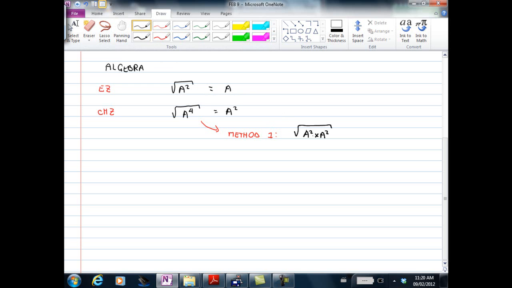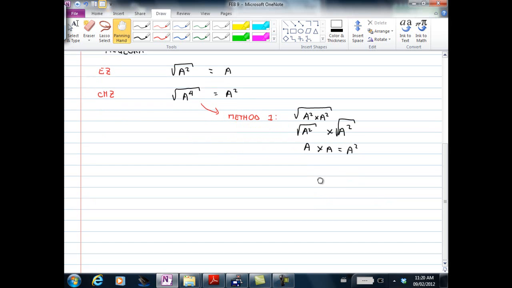When you can break down a square root into two like that, I do the square root of each one. That's the reason why it becomes A times A, which is A squared. Now some of you are going to ask, why do you have to do all that when I can do this in my head? It gets a lot more complex if you don't know this method.